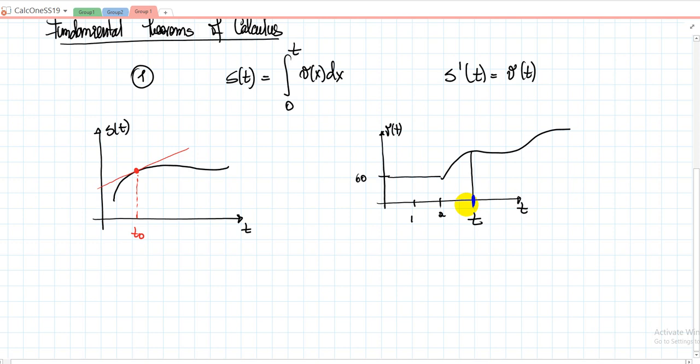So how does it look geometrically, what do I need to find? I need to find the area from 0 until this t, right? Do you understand this? So the area until this t will be equal to the distance which I passed until the point t, until t hours, right? So how can I write this algebraically, using calculus? I can write this as the integration of the velocity curve, right?